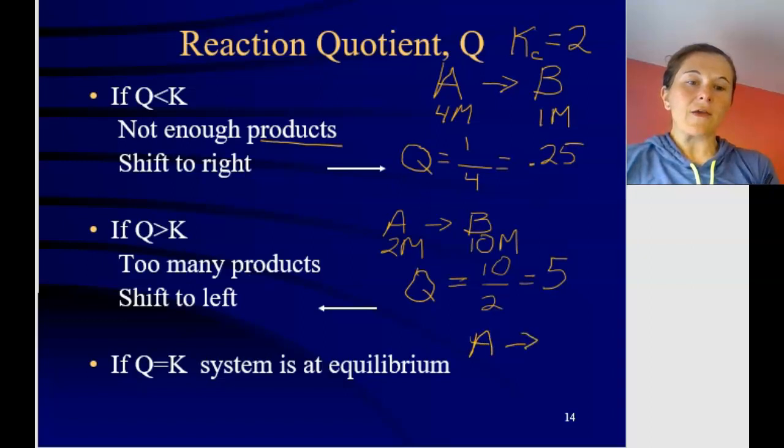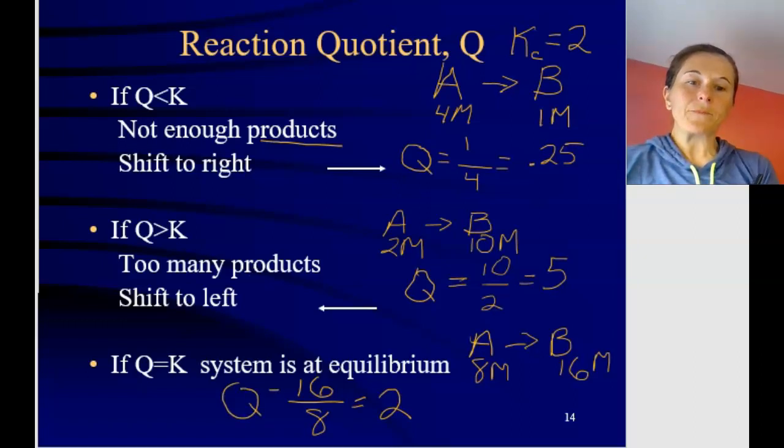We've got A going to B, but this time we've got 8 molar of our reactants, and we've got 16 molar of our products. Notice they are not equal, okay? But if we put our products divided by reactants, we get 2. And this is Q. And so now our Q is indeed equal to our K. So we are at equilibrium.